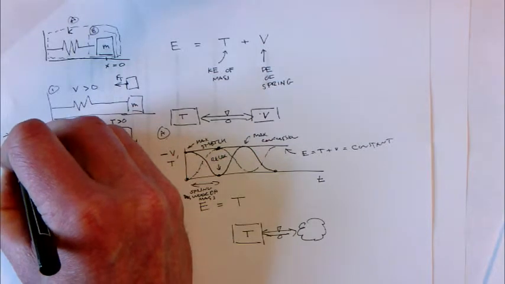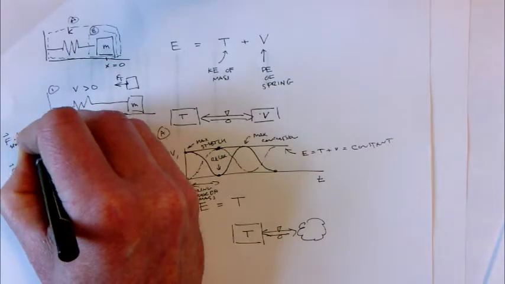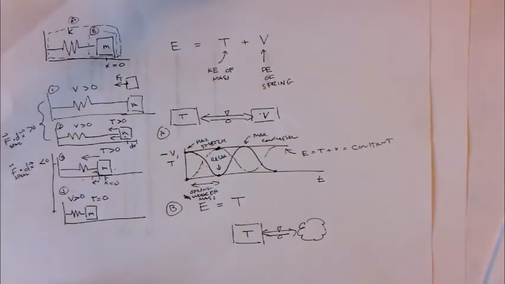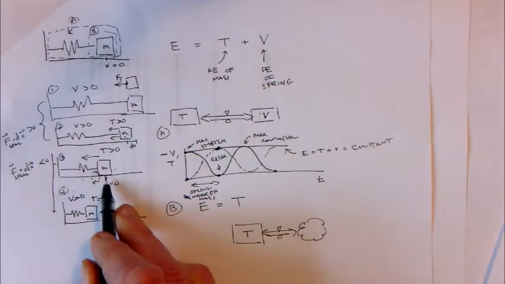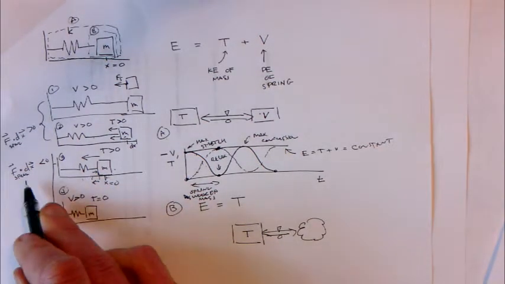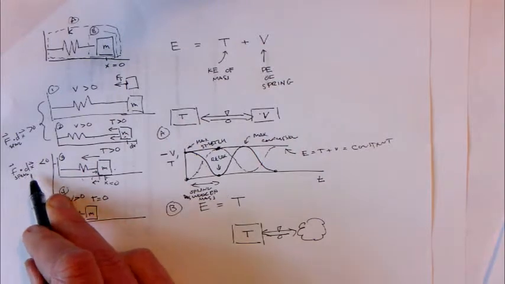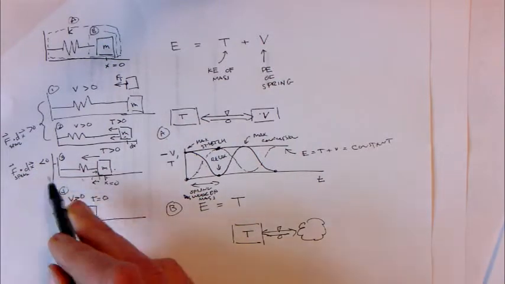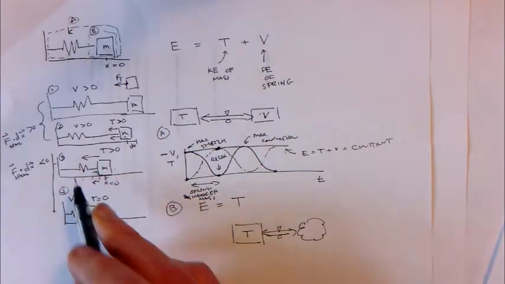But the force of the spring dot dx is greater than 0 for these earlier times. So once the mass moves past this center point, now the spring is no longer doing work, or it's doing negative work. Rather, the mass is doing work on the spring, right?